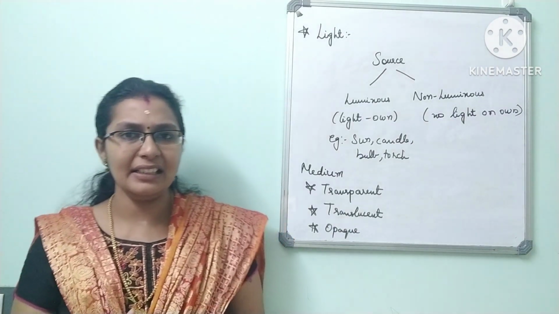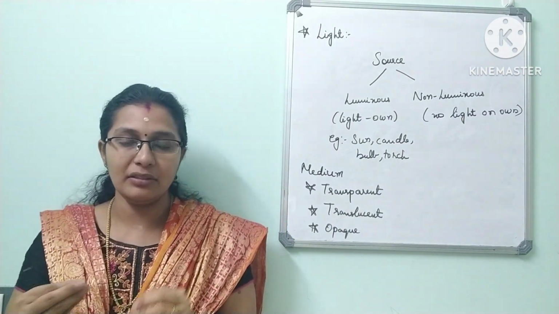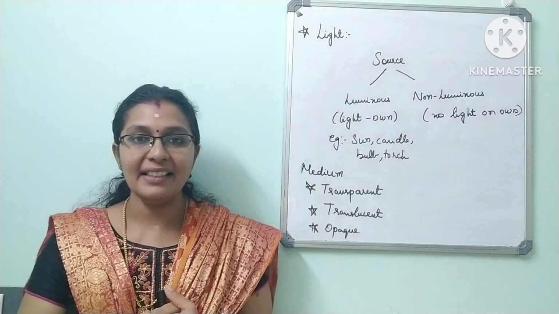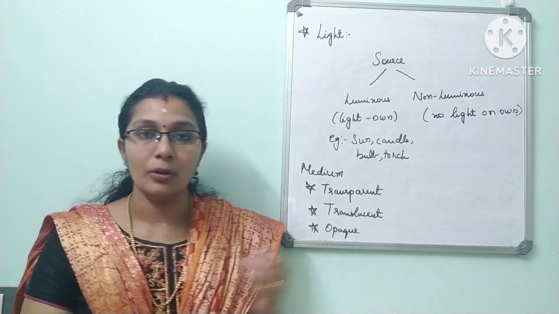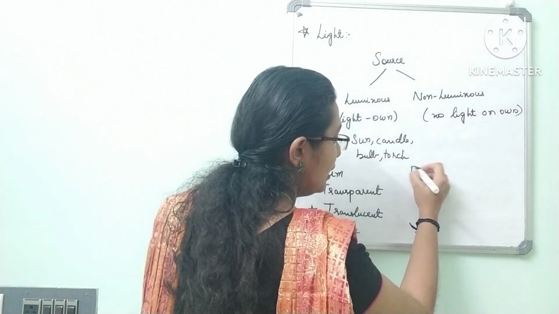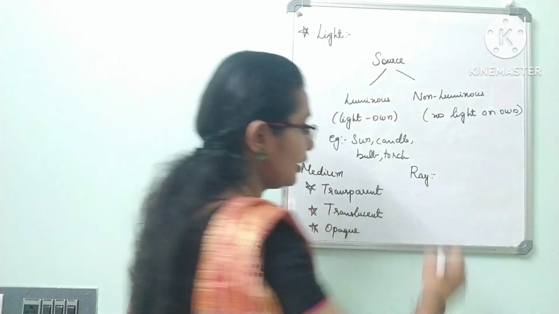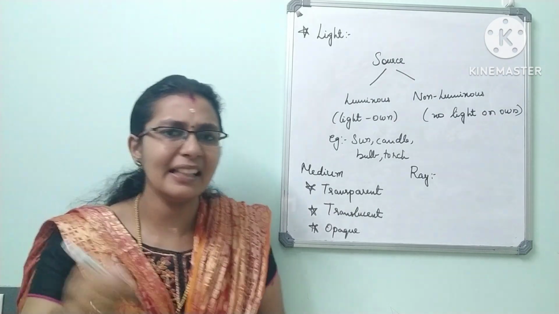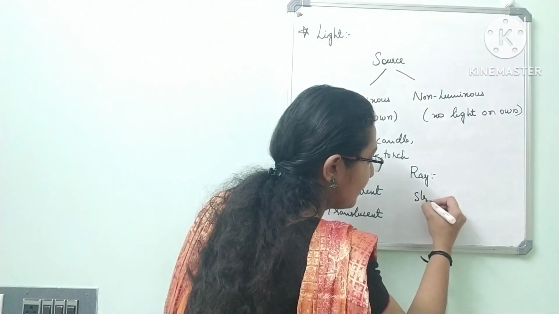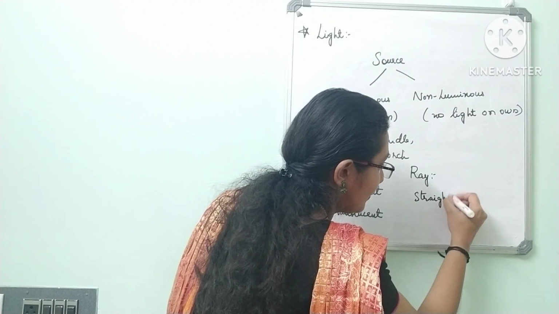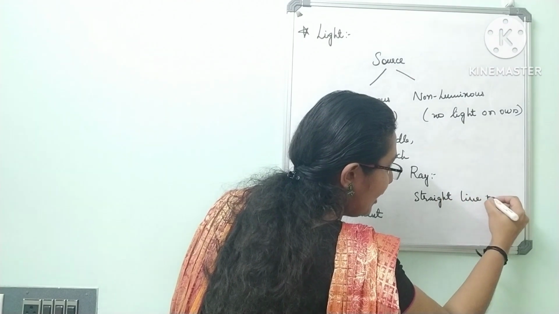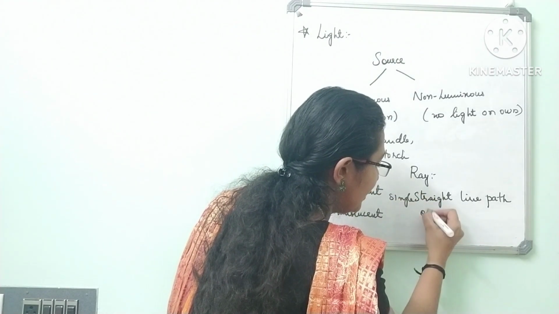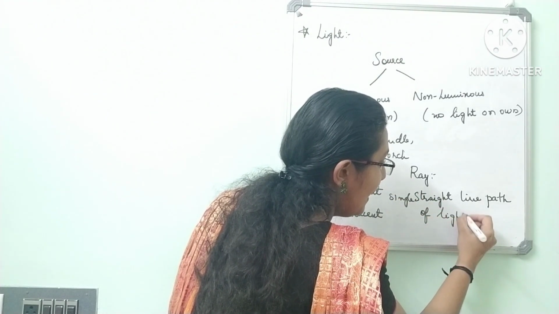Before certain discoveries and through certain phenomena that we see, light was believed to move in a straight line. Ray is nothing but the movement of light in a straight line, a single straight-line path of light.